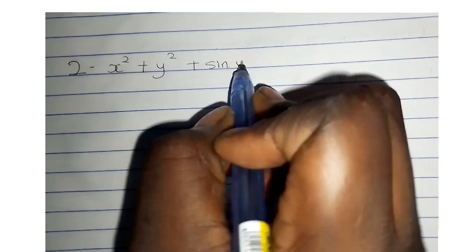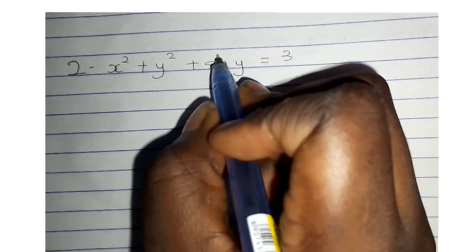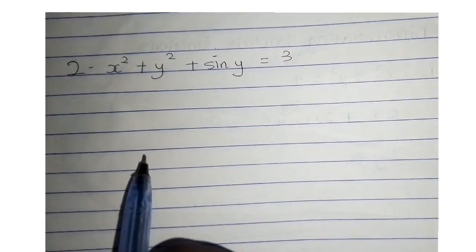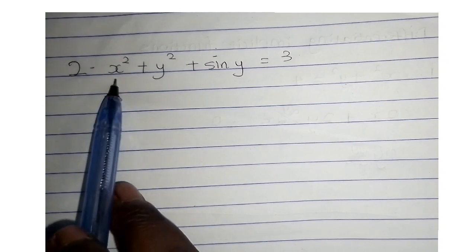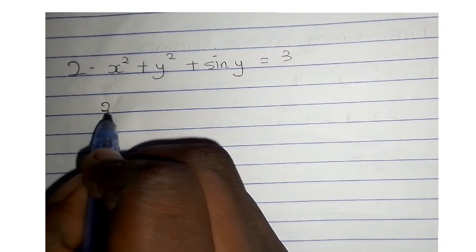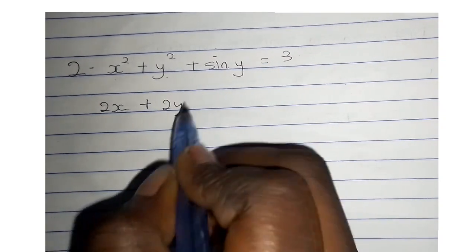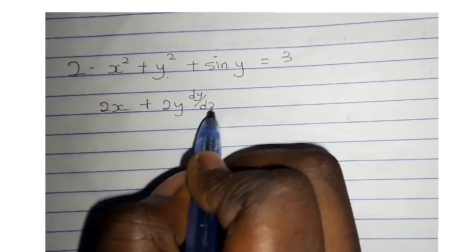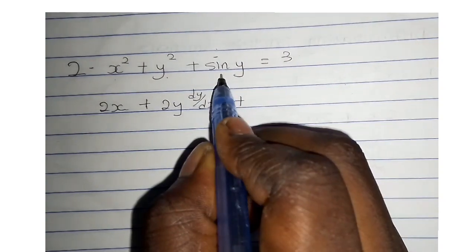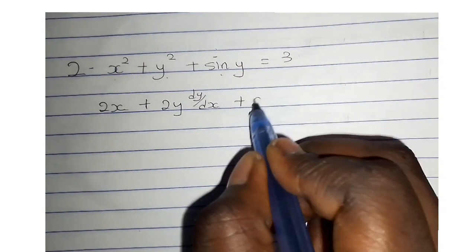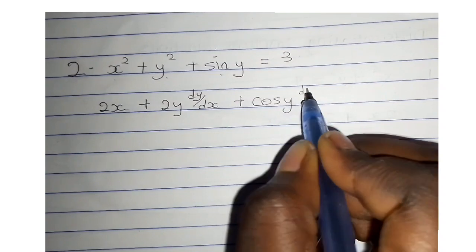Taking another example, we have a question given as x squared plus y squared plus sin y is equal to 3. So we're going to differentiate this. When we differentiate this, we have 2x plus, when we differentiate this, we're going to have 2y, then put out dy/dx, plus when you differentiate sine, we're going to have cos, so we're going to have cos y dy/dx, which is equal to 3.